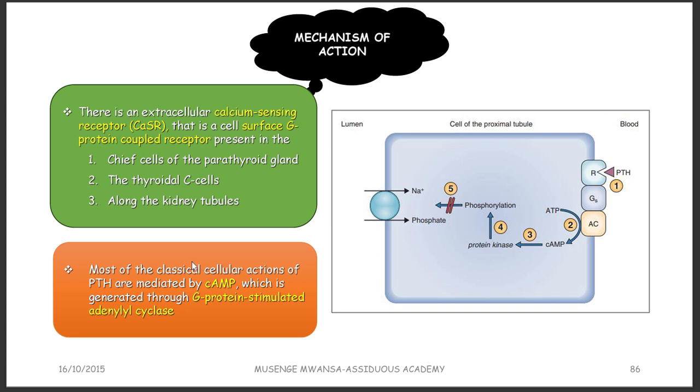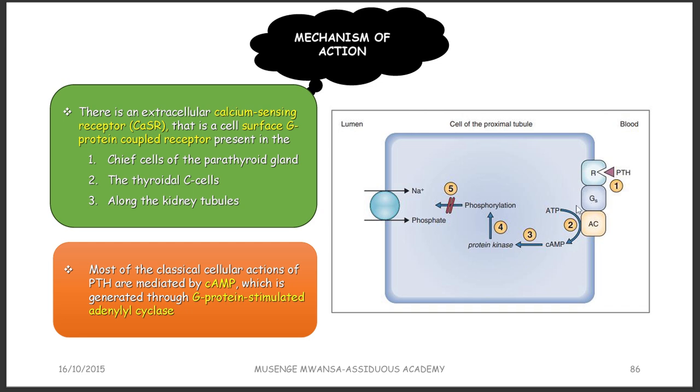Most of the classical cellular action of parathyroid hormone is mediated by the cAMP mechanism, which is linked to adenylyl cyclase. So when the parathyroid hormone attaches to the cell where it's supposed to act, it is going to activate the G protein, specifically the Gs.